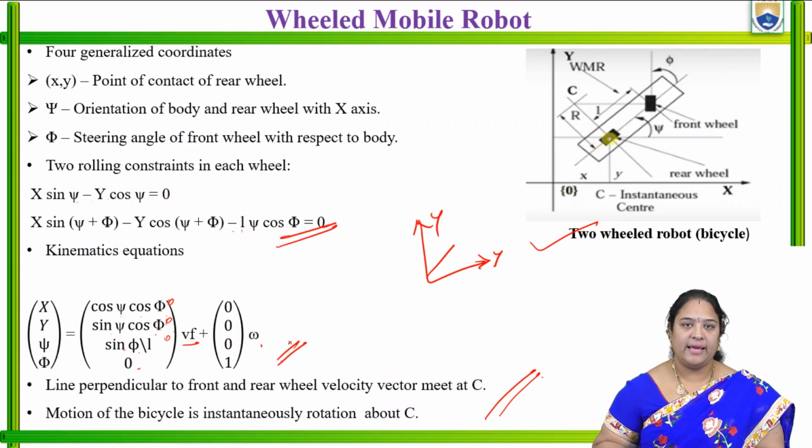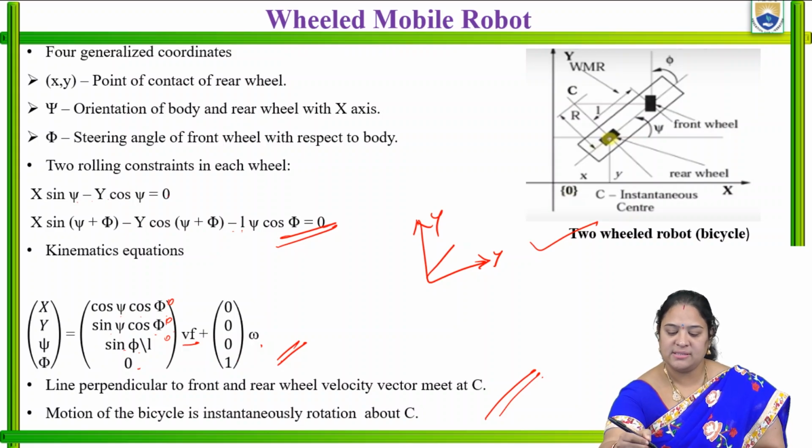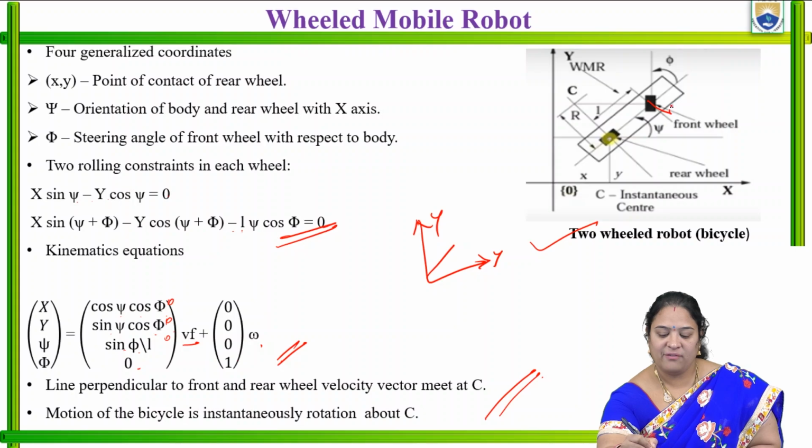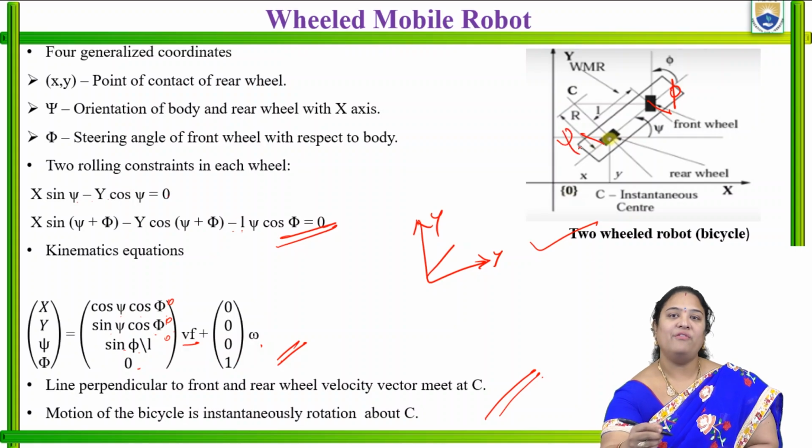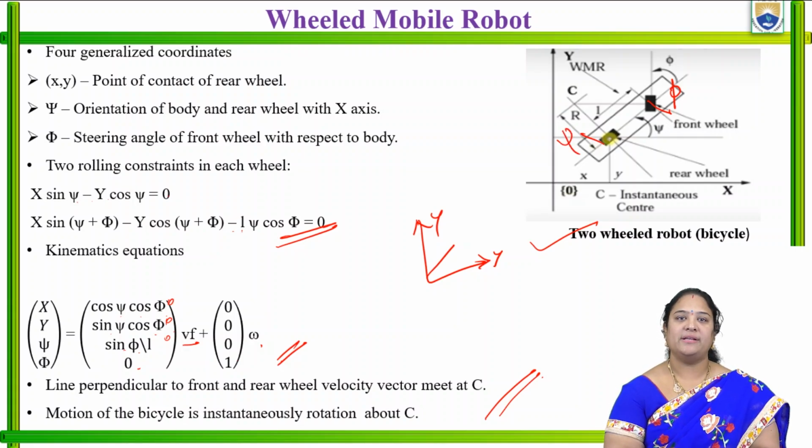That is where psi is the orientation of the rear wheel with respect to the x-axis, and pi is the steering angle for the front wheel with respect to the body. This is the front wheel, where we have an angle of pi, and this is the rear wheel, where we have the angle of psi with respect to the x and y axes for the front and the rear wheel.